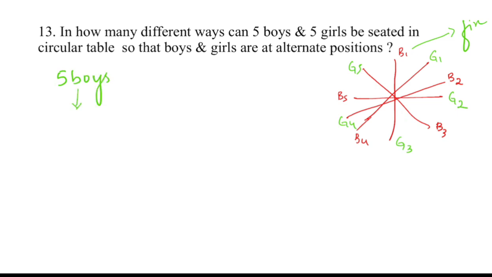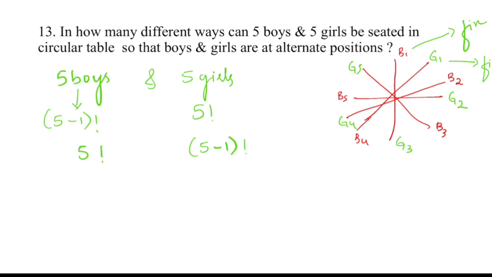Since one boy is fixed, they can be arranged in 5 minus 1 factorial ways, and 5 girls can be arranged in 5 factorial ways. You should take either boy or girl, any one person you have to fix. If you fix this girl, then 5 boys can be arranged in 5 factorial ways and 5 girls can be arranged in 5 minus 1 factorial ways. Any one you can take.